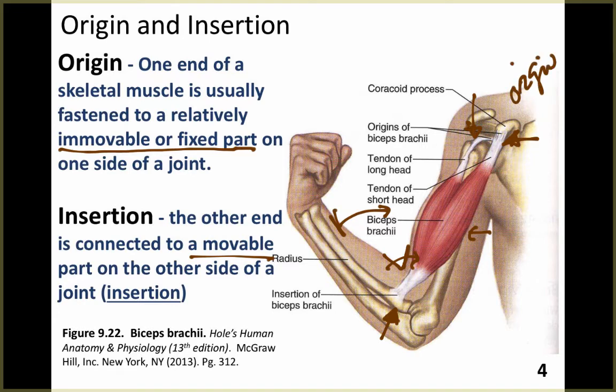You can see at one side it's on the coracoid process, and on the other side it's the supraglenoid tubercle of the scapula. Down here, the part that's moving is the insertion, and that part is connected to the radial tuberosity of the radius. That's how, by the connections on the bone, the muscles can move the bones.